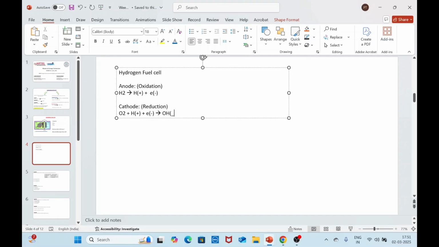So when you sum up the entire reaction, the H plus and electrons will get cancelled out, and you are actually going to get water.